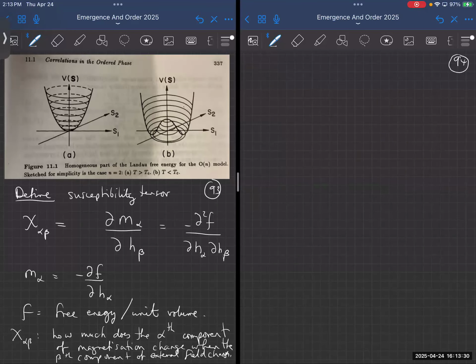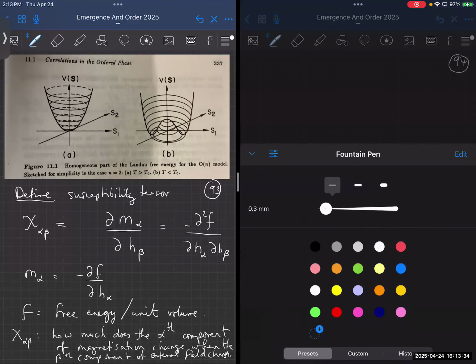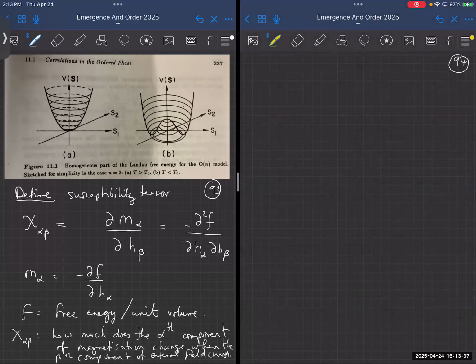Okay, so here is the key step. The key step is that the ON model is symmetric under rotations in spin space, at least when there's no external field being applied.